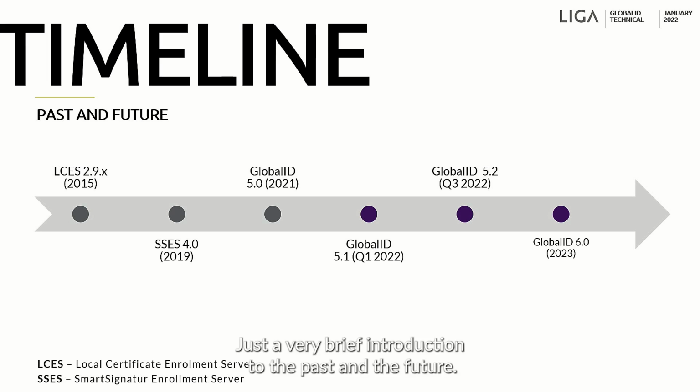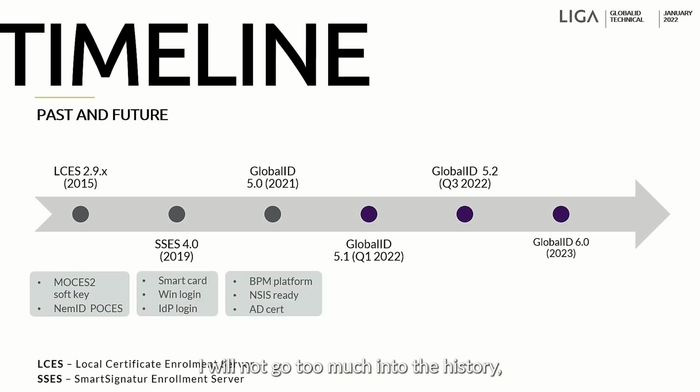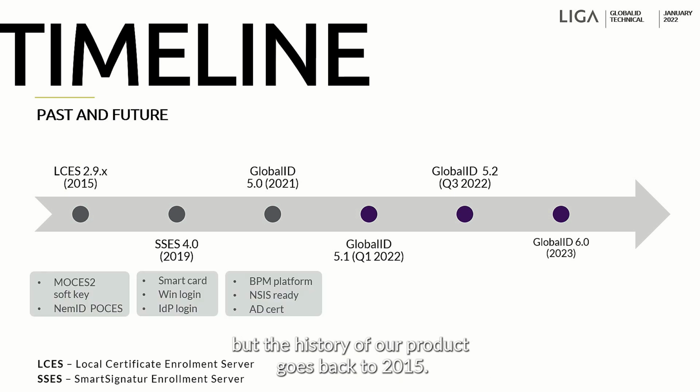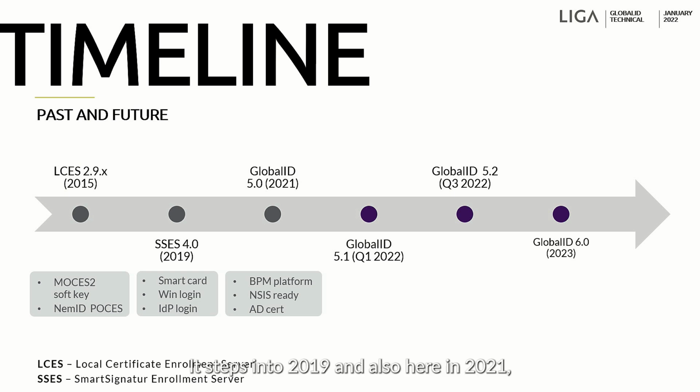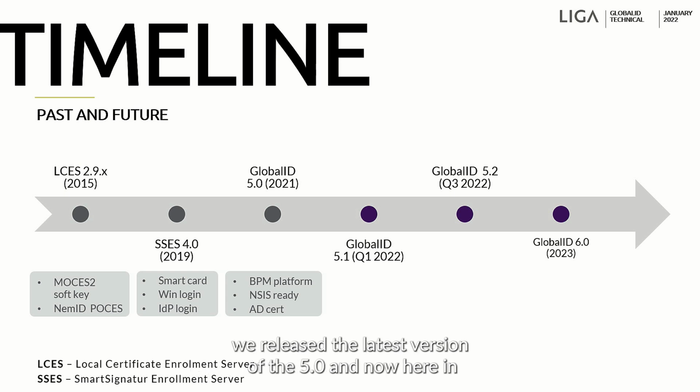Just a very brief introduction to the past and the future. I will not go too much into the history, but the history of our product goes back to 2015. It steps into 2019, and in 2021 we released the latest version, 5.0.